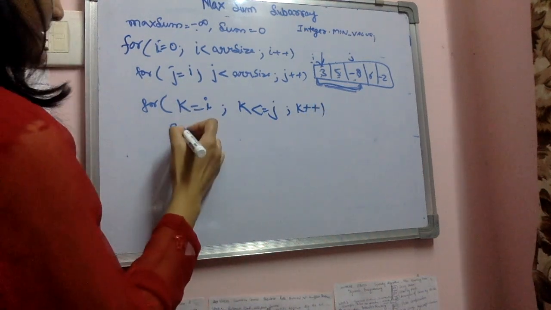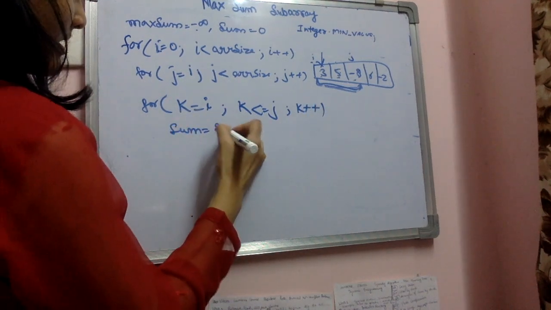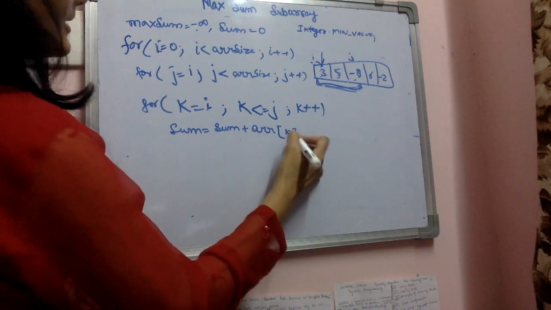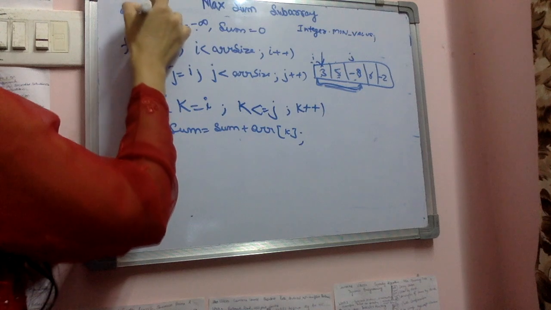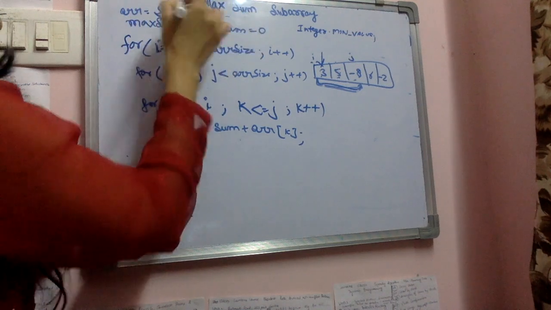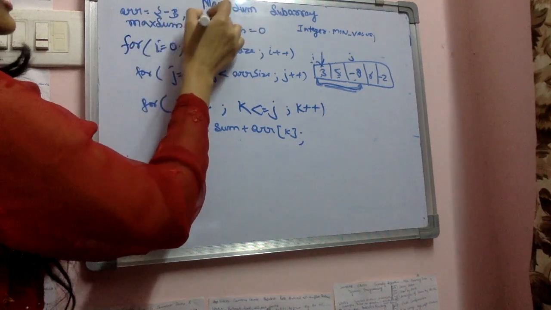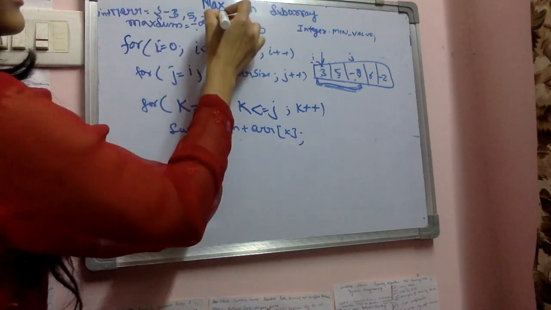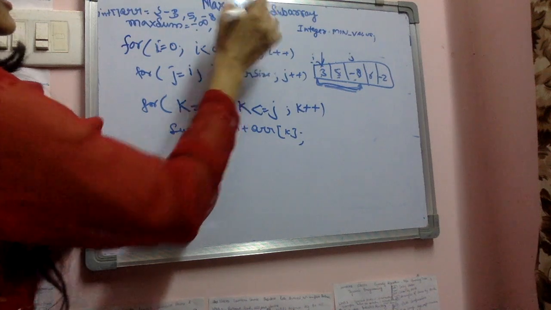Now sum will be sum plus arr of k, and let's take an array here as well: 3, 5, -8, 6, -2.